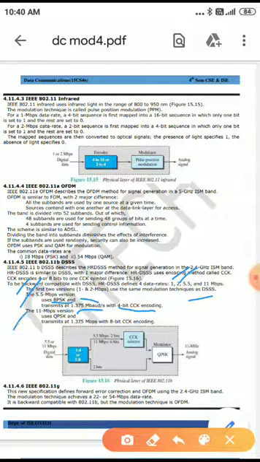Next is the 11 Mbps version. We completed 1, 2 and 5.5, and now we are going to discuss 11 Mbps.